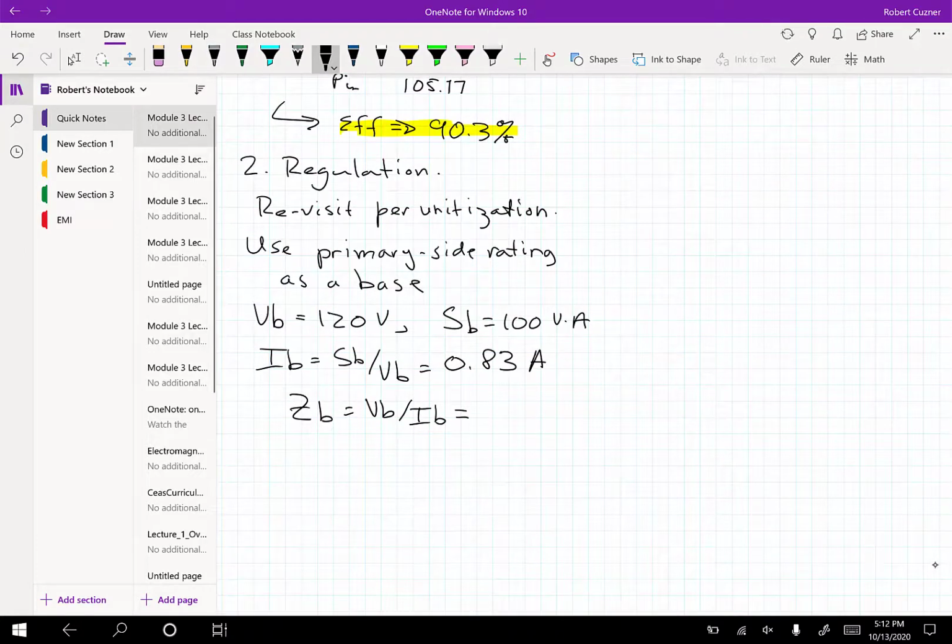And that will be 120 divided by 0.83, which is something that's going to look familiar to us because we use the rated power on the output of the transformer. So 144.6 ohms. Does that look familiar?